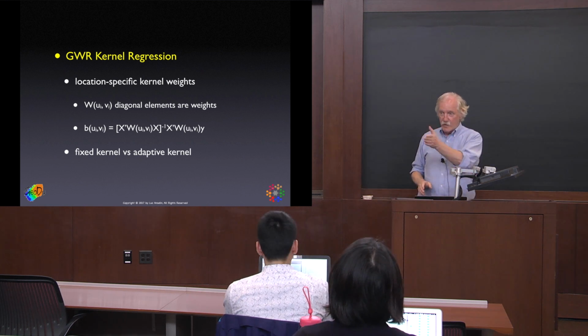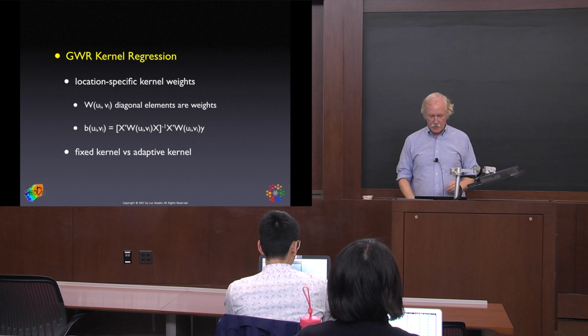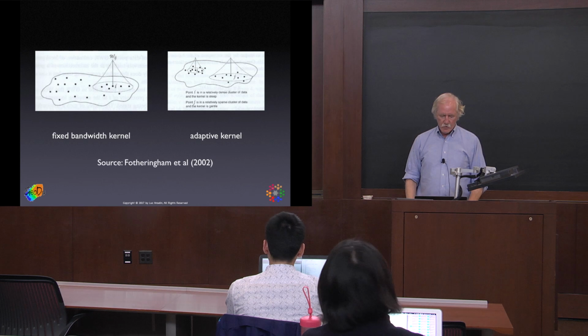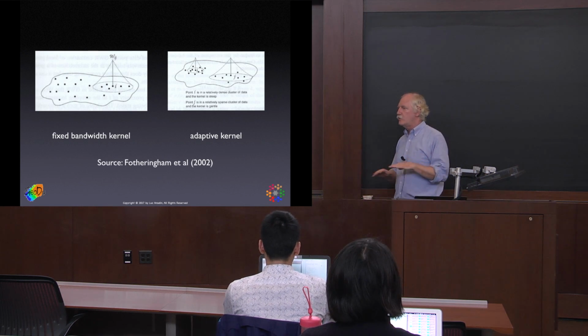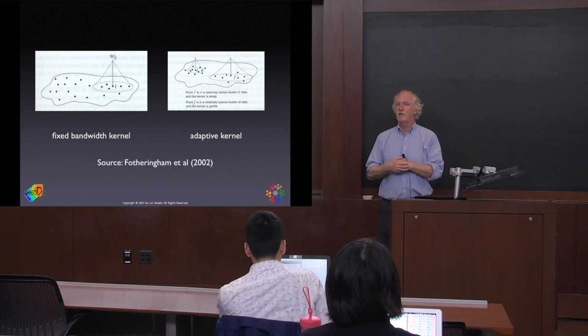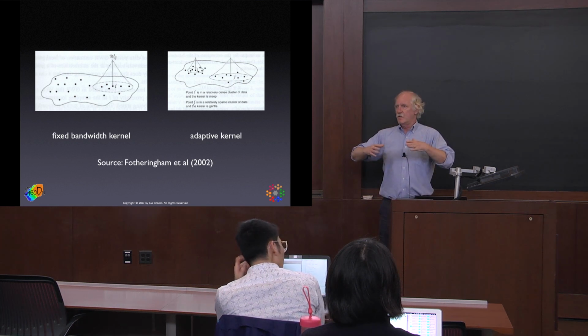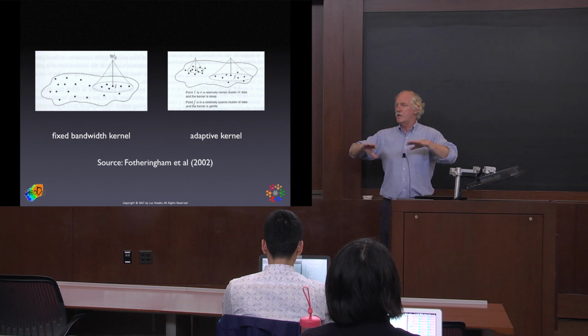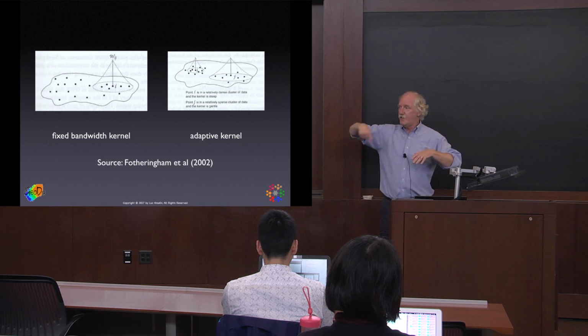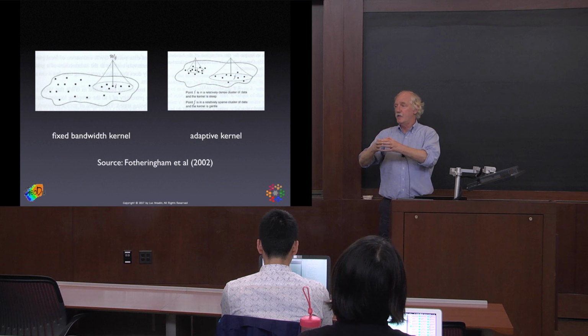But we get back to your question again: how many of these points do we take? And in space, you know that points typically are not uniformly distributed. So if you have household surveys and you do them in a dense core of the city, you will have many more points than if you move to the suburbs, where they're further apart. So if your distance is fixed, then you'll have many points in a given bandwidth in the city and very few points outlying. Now, where does this matter?